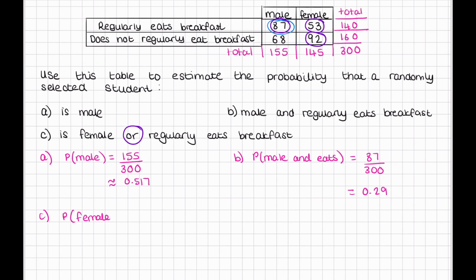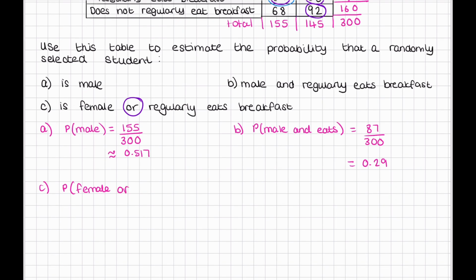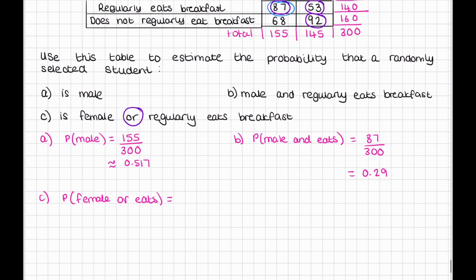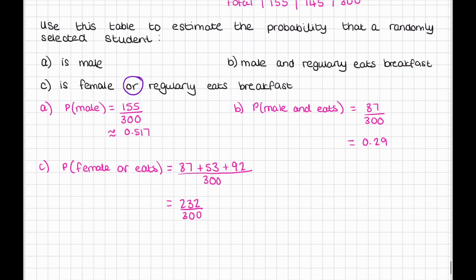So probability female or eats, just to simplify, and we will have 87 plus 53 plus 92 out of the 300, which equals 232 out of 300, which, if you wanted to put that as a decimal, you would get 0.773.